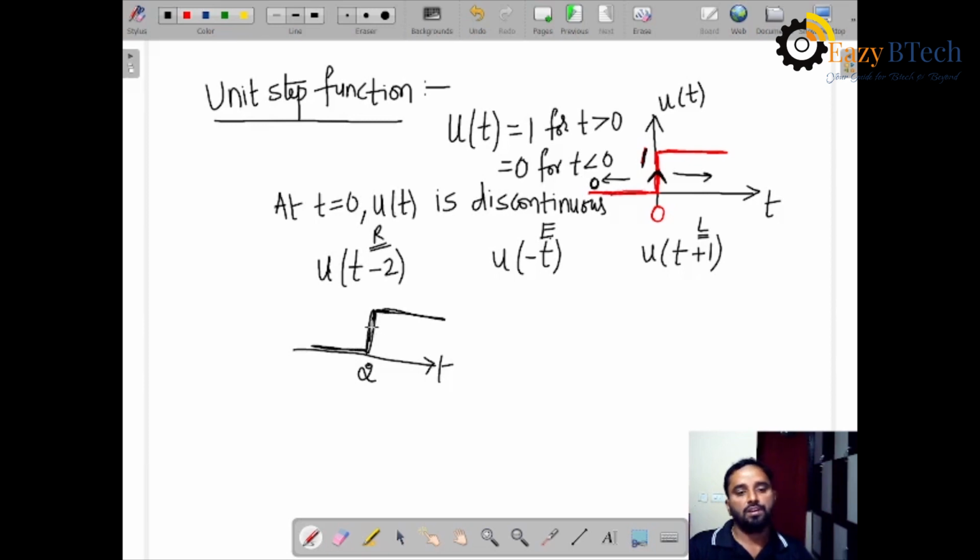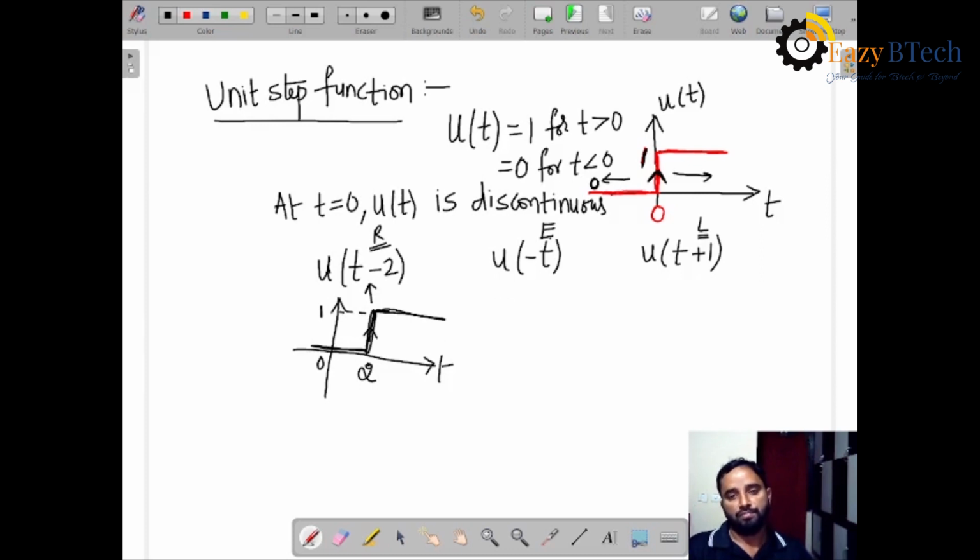This is a step signal shifted right by 2 units. This is 0. And this signal is now u of t minus 2. Amplitude is 1 only.